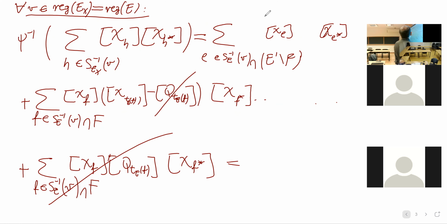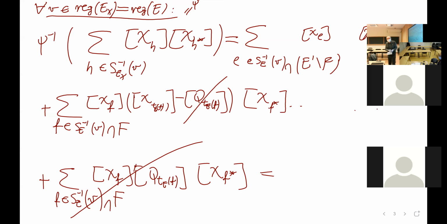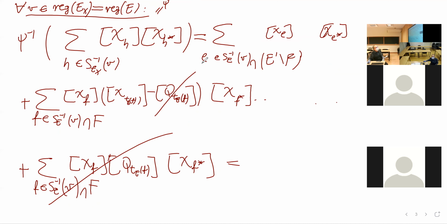Because relation number 5 was simply saying that all this left-hand side here has to be equal to psi inverse. And again, I forgot that I shouldn't write close to the top. This is so annoying. Zoom has some ugly quirks. It just shouldn't be there.